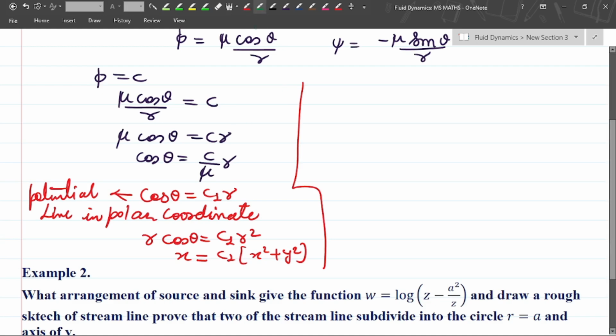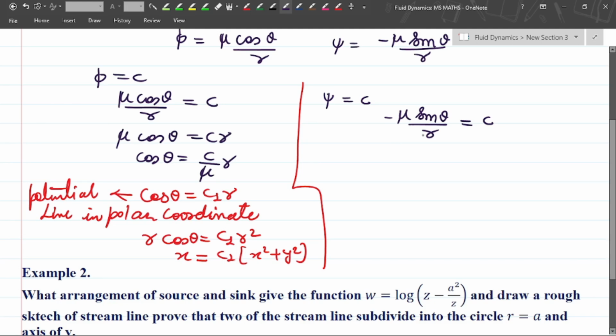If we want to calculate the streamline, psi is equal to constant. If psi is constant, then minus mu sine theta by r is equal to c.